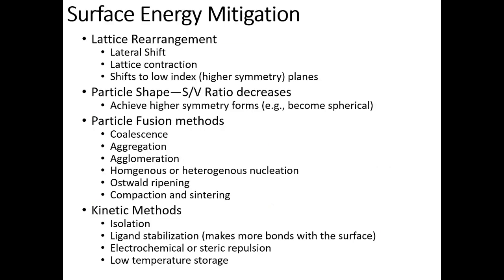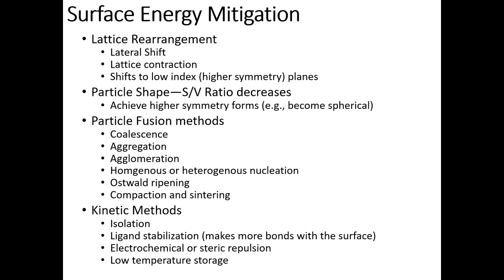All right. So mitigation of energy. What does that mean? That means how do nanoparticles compensate for their excess surface energy? They can rearrange. The surface atoms can shift and dip into each other more. They can contract.